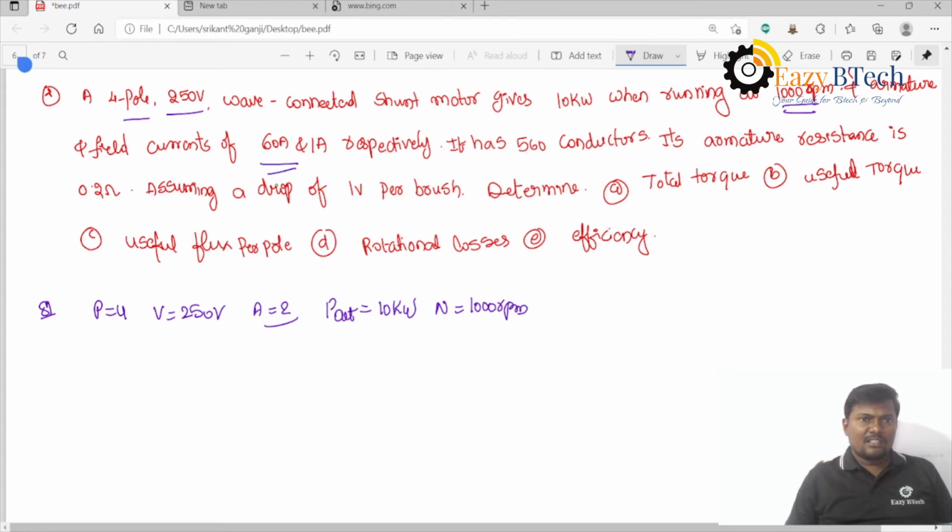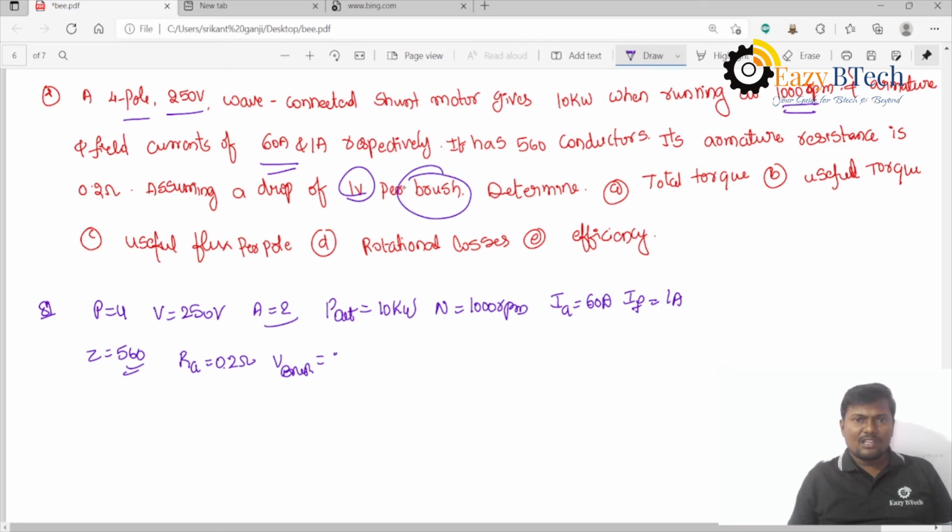The armature and field currents are IA is 60 amperes and IF is 1 ampere. It has Z equal to 560 conductors. The armature resistance RA is equal to 0.2 ohms. The brush drop is 1 volt per brush, and we have 2 brushes, so the total brush drop is 2 volts, 2 into 1.